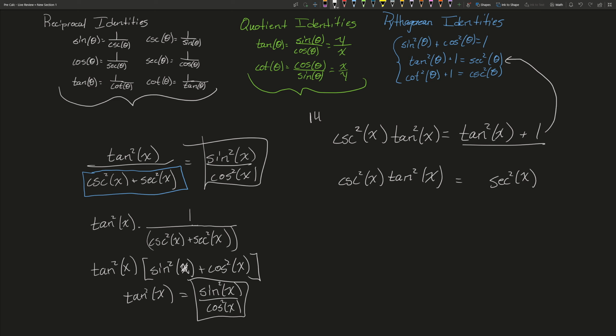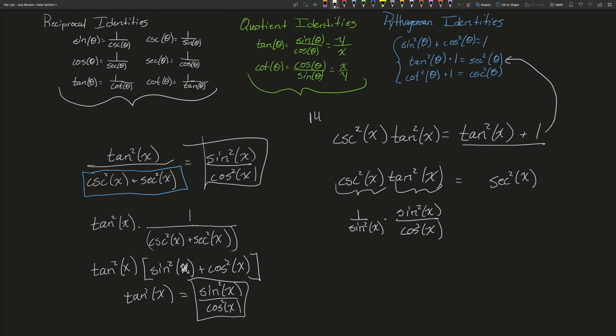But then we don't really know what's happening. So I'm going to move to the left-hand side and rewrite both of these in terms of reciprocal or quotient identities. So cosecant squared is 1 over sine squared. Tangent squared is sine squared over cosine squared.